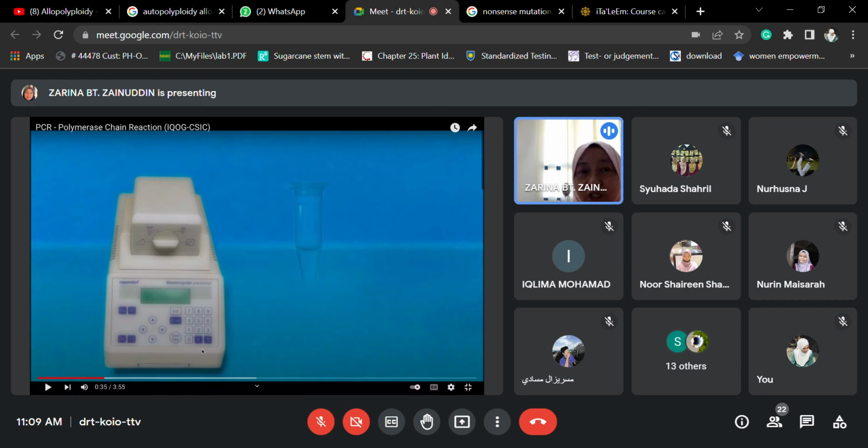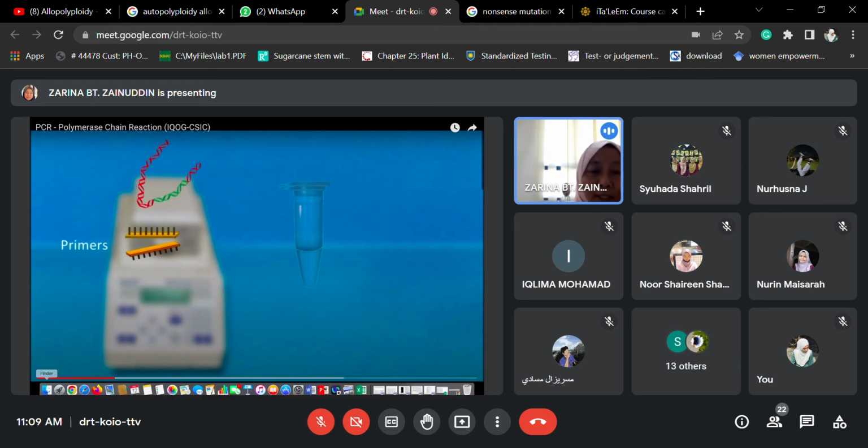So this is the machine yang kita use untuk run PCR lah. Okay, so this is the target DNA. Kita nak target kalau ada lah kan, katakanlah kita nak tengok mismatch ada ke, so kita design the primers, kita synthesize primers. So kalau ada, dia akan bind to the DNA.